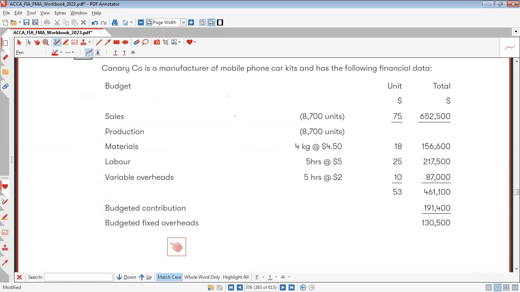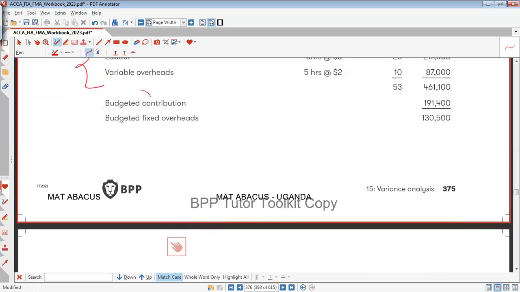You realize the budget starts with the sales. We have already looked at sales revenue variances, then production, which is normally referred to as cost of sales. It has those items, and the contribution. The moment they say that, you know this company is using which type of costing? Marginal costing.